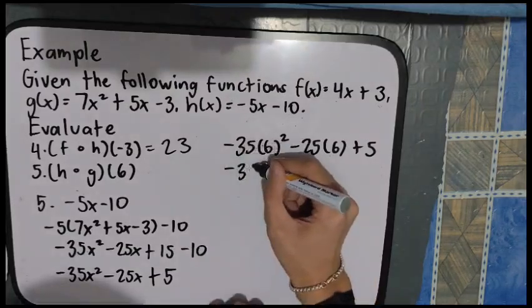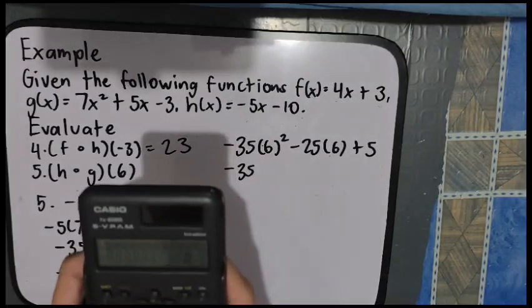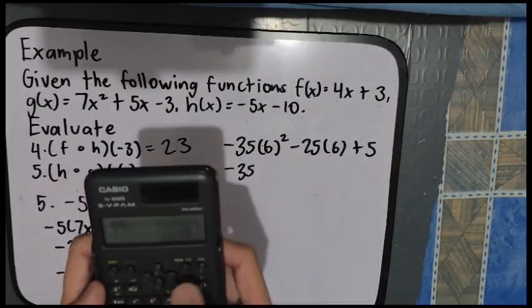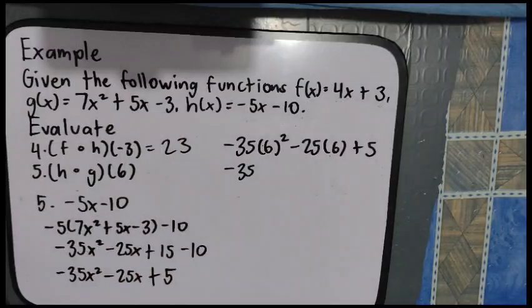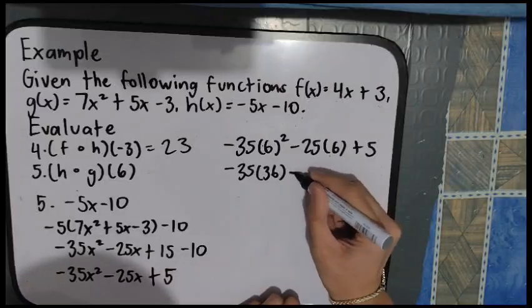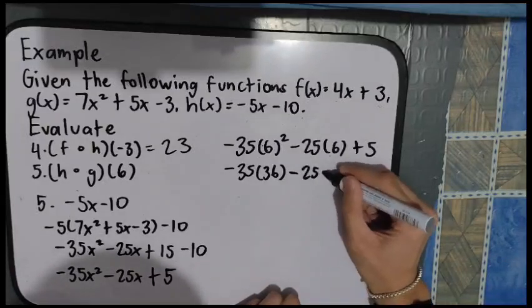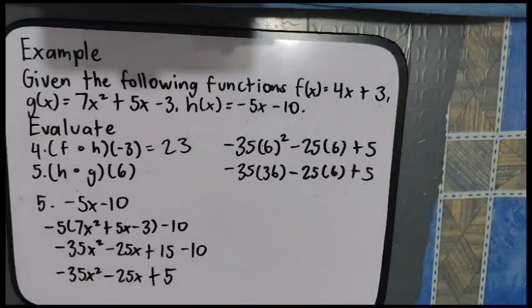Negative 35. 6 squared is 36. So, positive 36. Then, copy. After this, we're going to multiply negative 35 with positive 36 and negative 25 with positive 6.